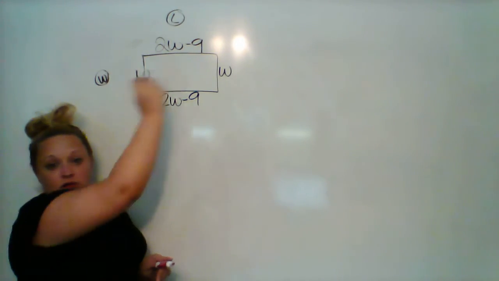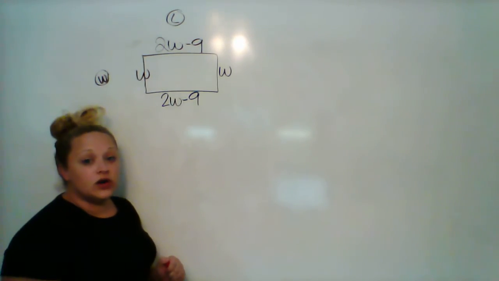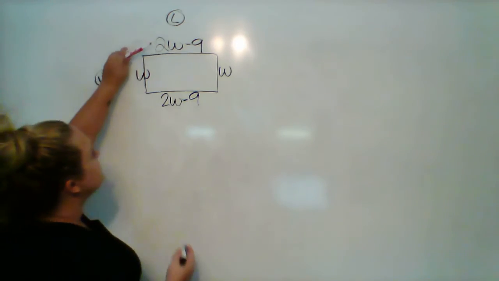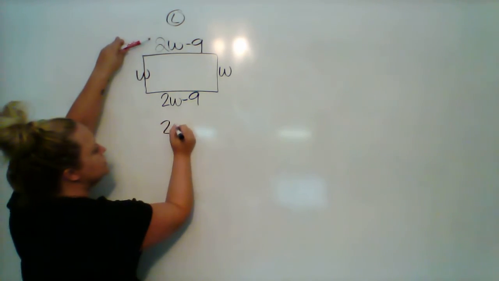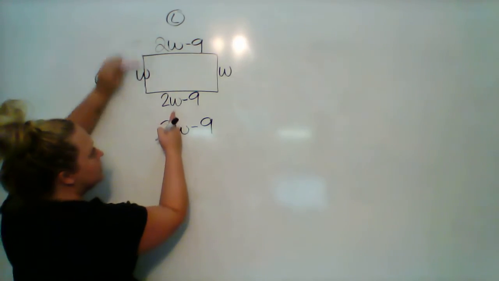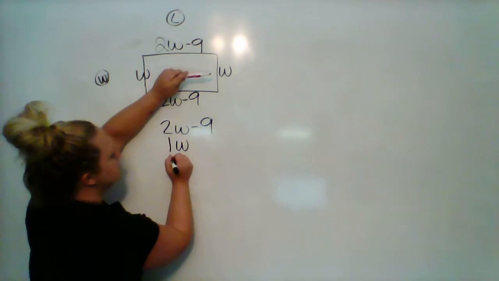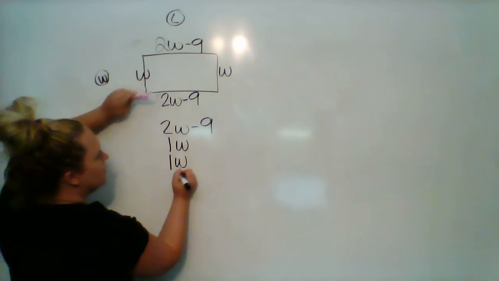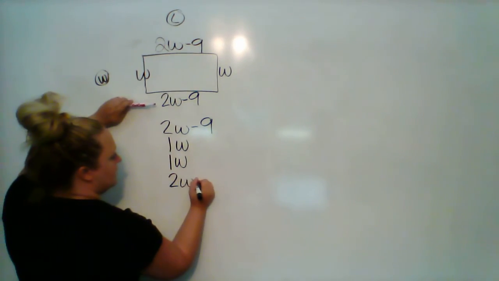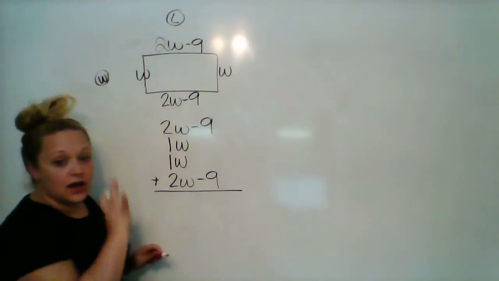The perimeter, I'm going to add them all up, equals 84 inches. So what I'm going to do is I'm going to say, okay, let's do this one. 2W minus 9 plus 1W plus 1W plus 2W minus 9. And it says this perimeter means to add up, okay?